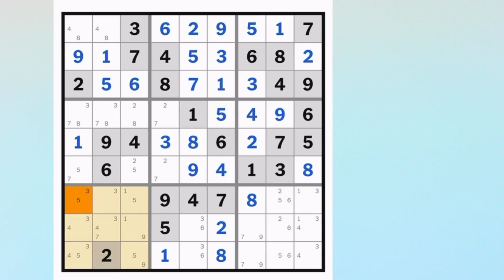Then 6 will come in these 3 cells of this column. Similarly 7 will come here in these 3, 8. So 8 will be in these 3 cells of this row. Then 9 is already there in this row.